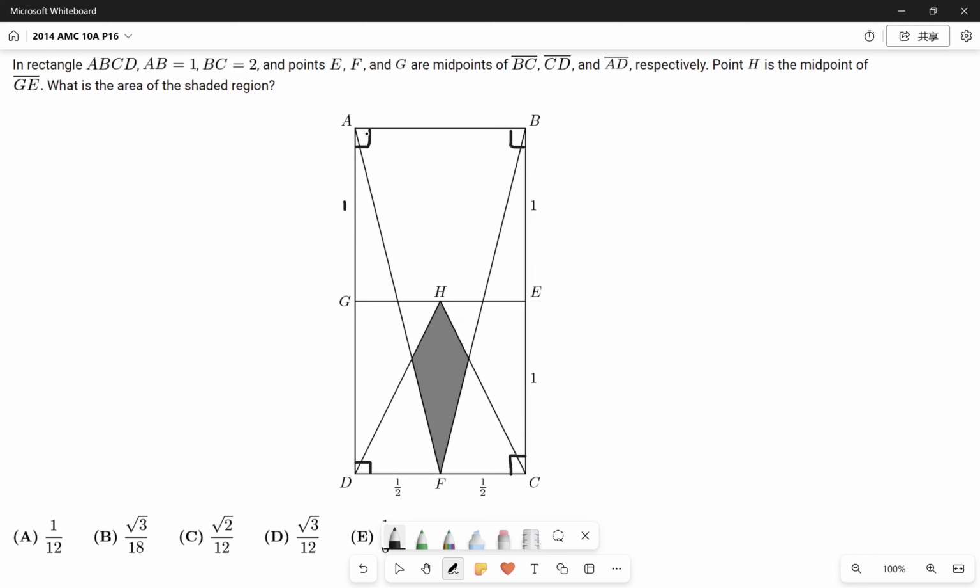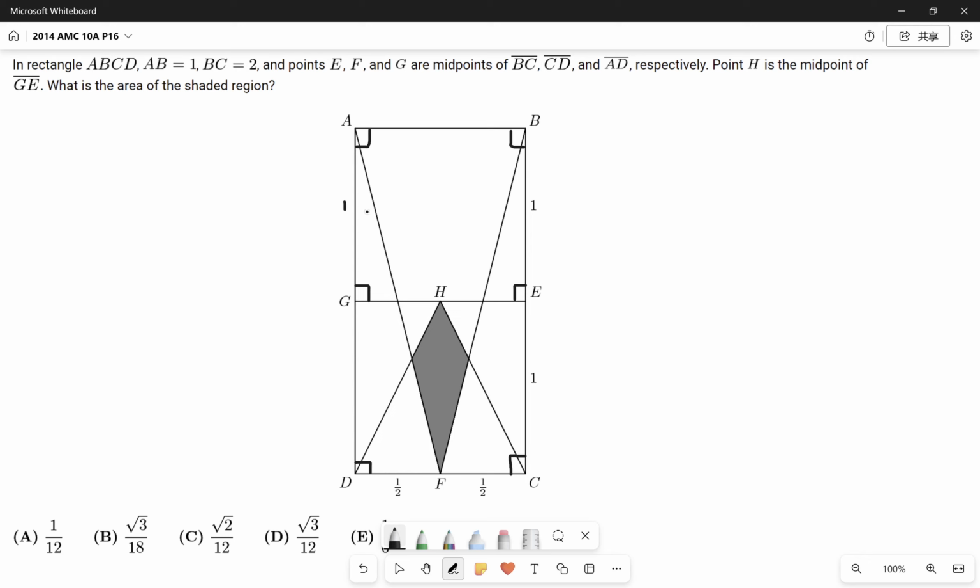And we know AG is parallel to BE because of these two angles, and AB is also going to be parallel to GE since we know these two angles are going to be right angles. So this is just some common sense here.